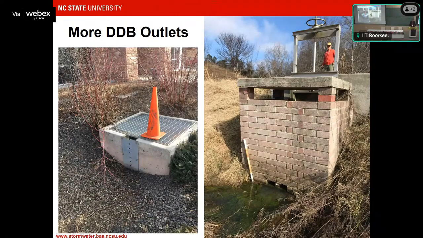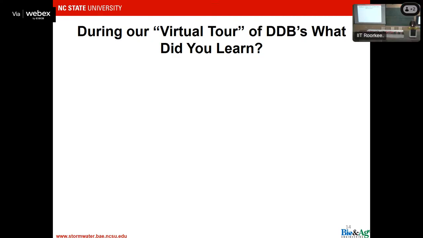And then here's another one. You see a couple of bricks that they just didn't include. All right. So these are all different, but note, all of them have drawdown orifices all the way to the bottom of the basin. All right. So what are some things that you observed when I went through those pictures of dry ponds?